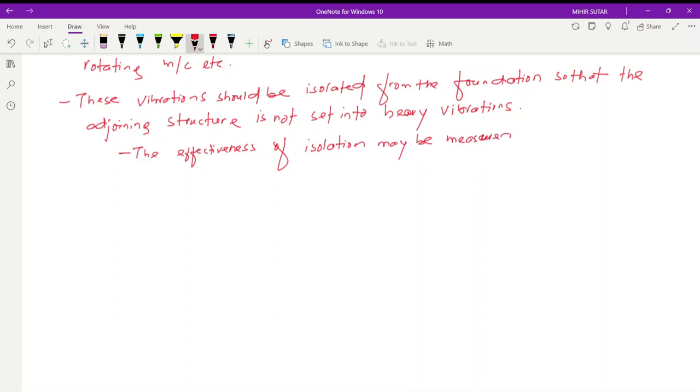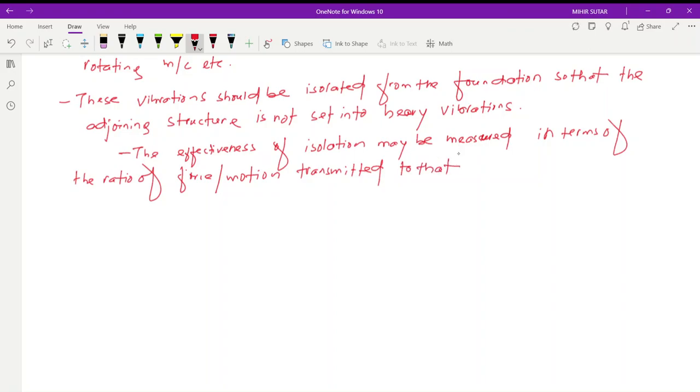in terms of the ratio of force or motion transmitted to that in existence.